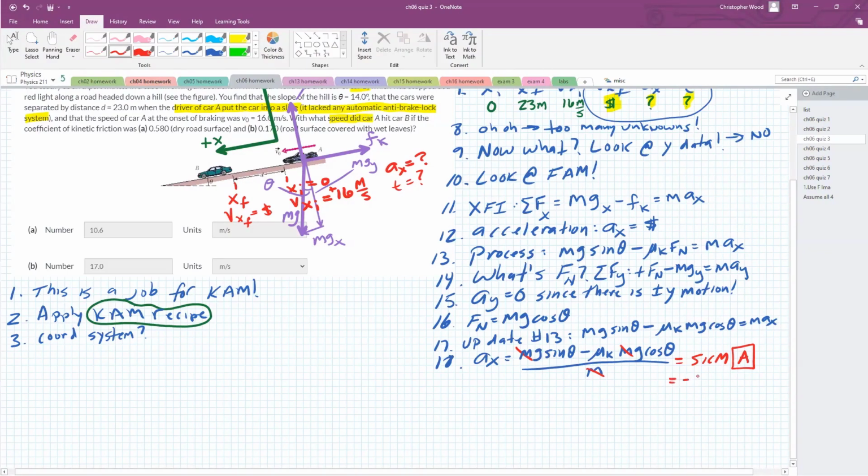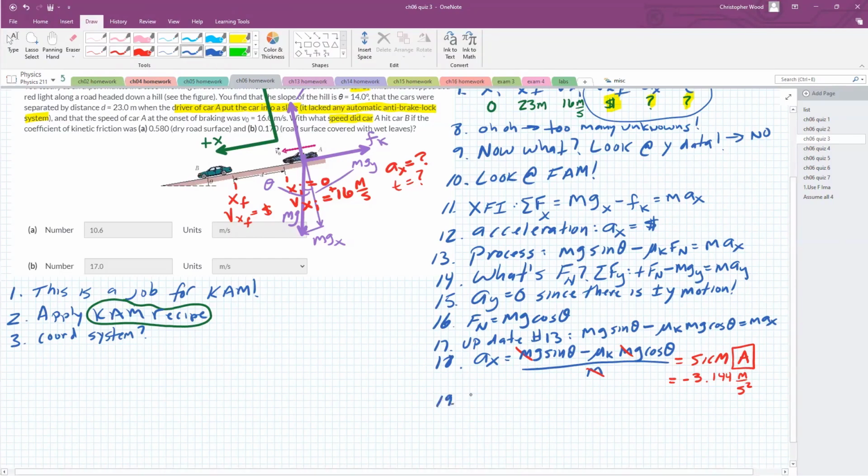This equals negative 3.144 meters per second squared, and that's stored in memory location A. Let me redo that a second time to double check. 9.8 times sine of 14 minus 0.58 times 9.8 times cosine of 14 degrees. I'm getting the same answer twice. Note that negative sign is pretty interesting.